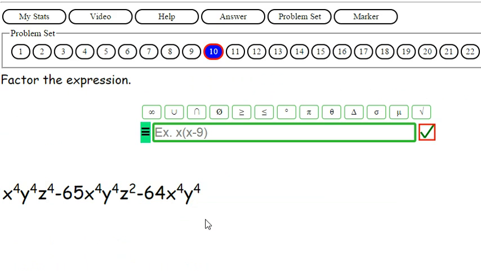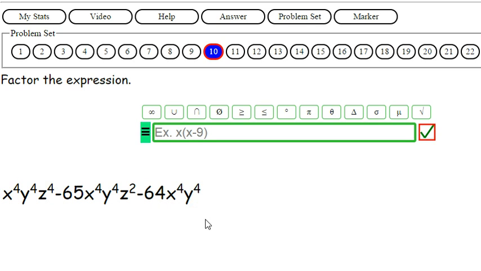So x to the fourth, y to the fourth, z to the fourth, oh my god, minus 65 x to the fourth, y to the fourth, and z squared. That's kind of weird.